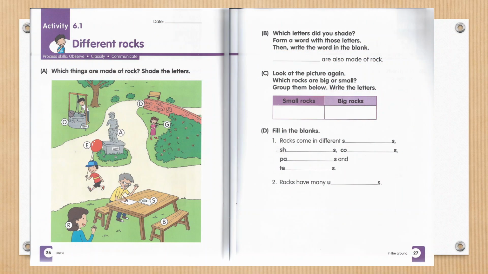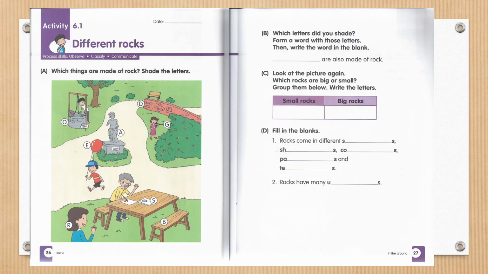Now, if you open your activity book on pages 26 and 27, you have this. Okay, so on page 26, it says different rocks. Letter A. Which things are made of rock? Shade the letters. You can take your time and then we check. All right, fantastic.